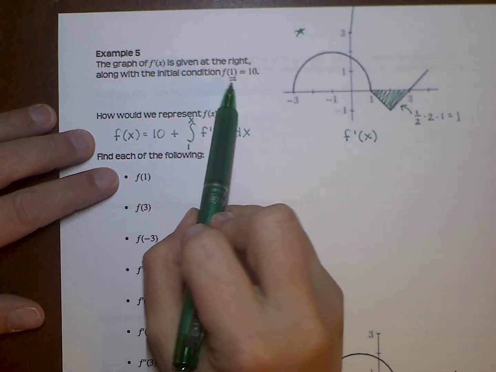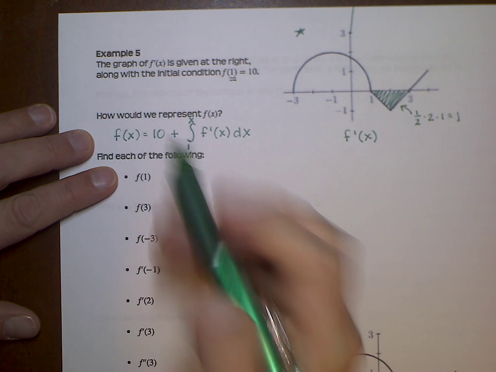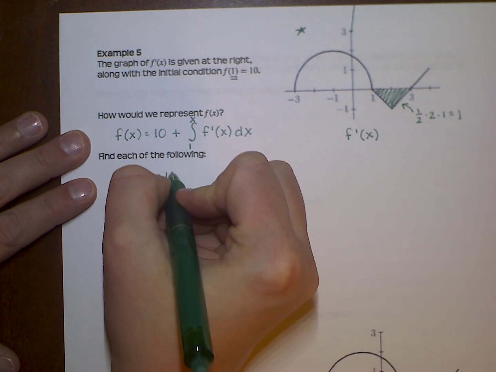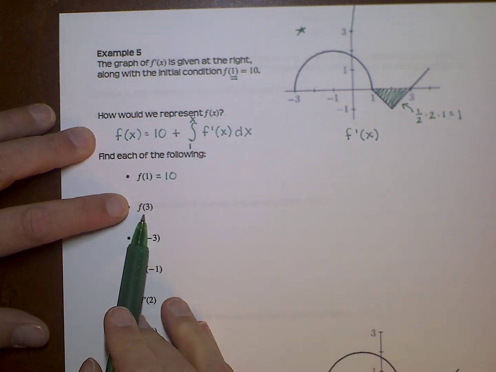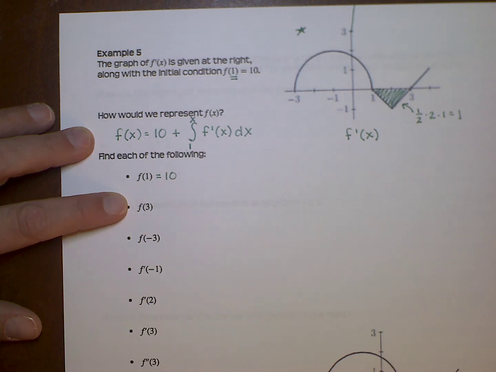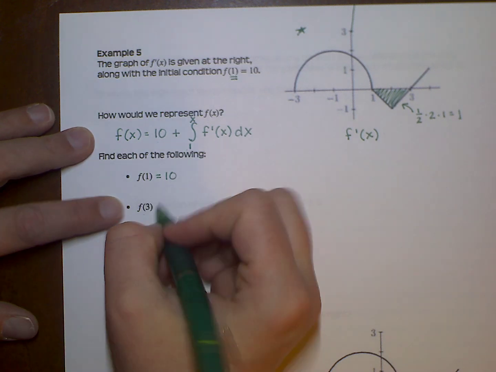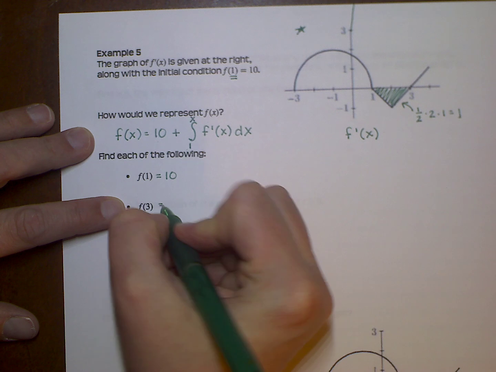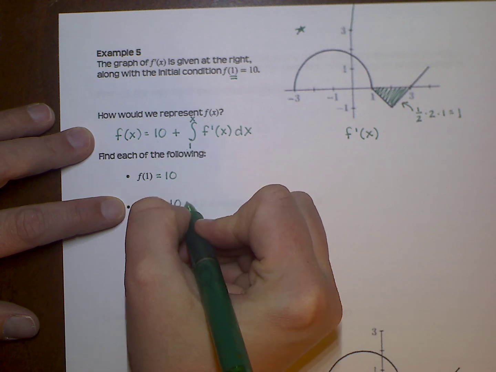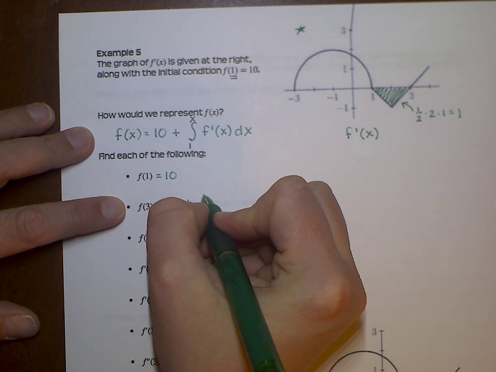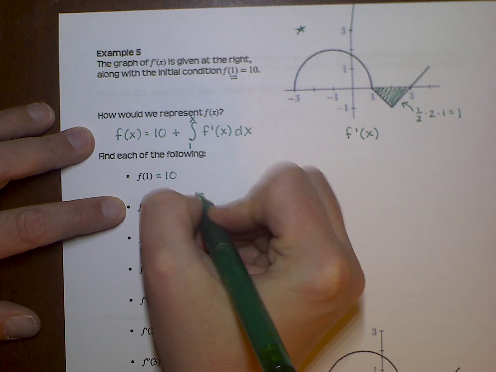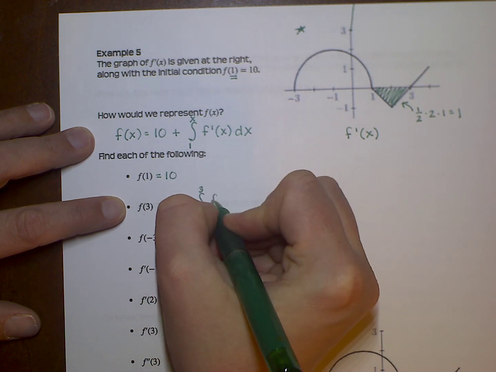The first question is just f of 1, which is easy because it gives me f of 1. So that is just 10. For f of 3, we just figured this out, but let's figure it out the mathematical way. If I wanted f of 3, the equation I would do is start at 10, and then figure out the integral from 1 to 3 of f prime.